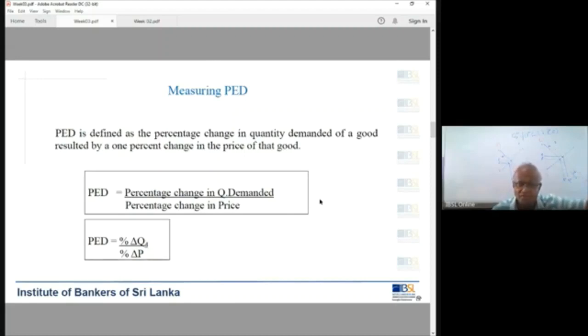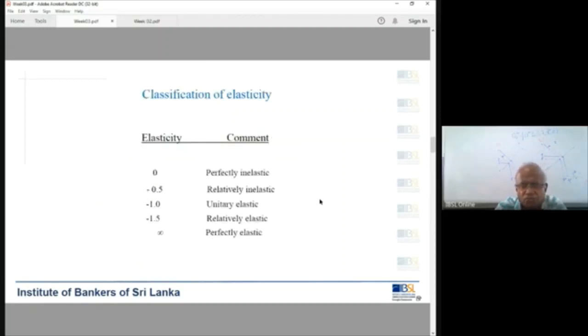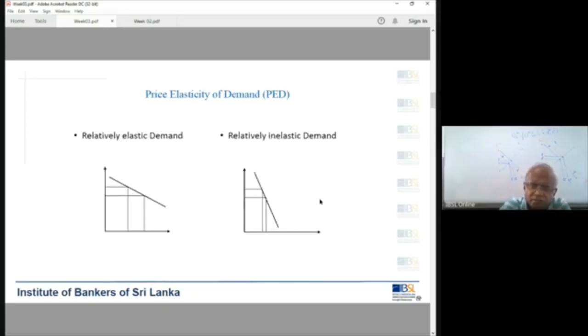Therefore, price elasticity of demand is negative: minus 0.5 divided by percentage change 1 in price. That is minus 0.5, relatively inelastic. The second one, relatively inelastic, 0.5, 1%.